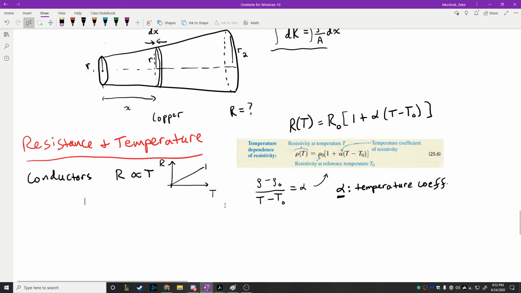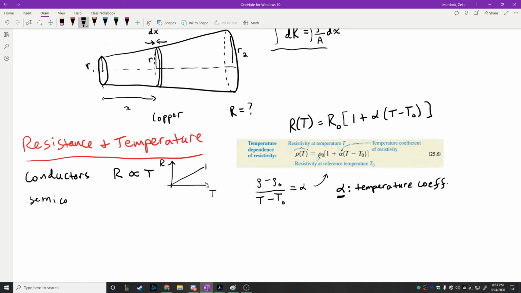So conductors act like this. I showed you that semiconductors act opposite to this. As they heat up, you basically free up more charge carriers in the semiconductor, and that allows them to change their electrical properties and get less resistance as the temperature goes up.